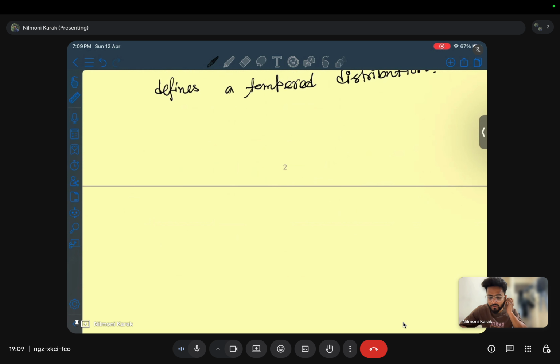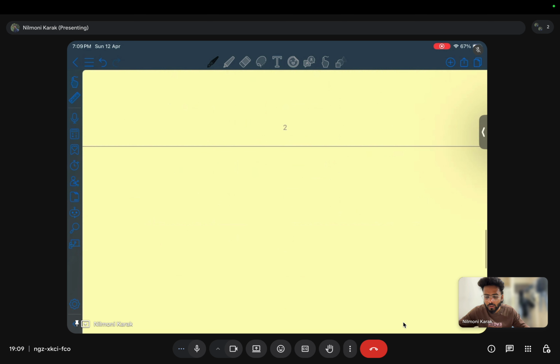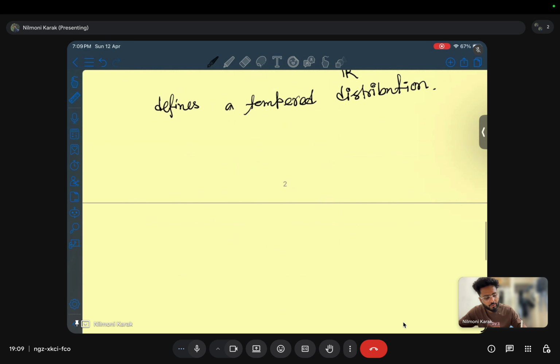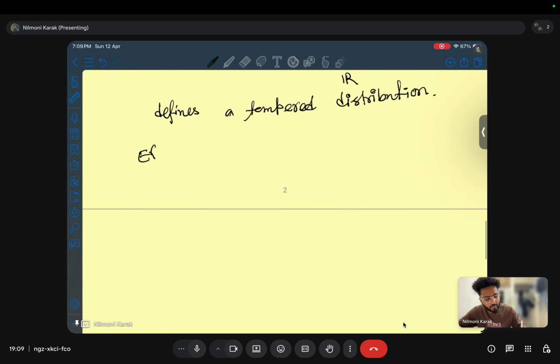One more interesting example we have seen: sin(e^x) and cos(e^x) are both tempered distributions. Why?